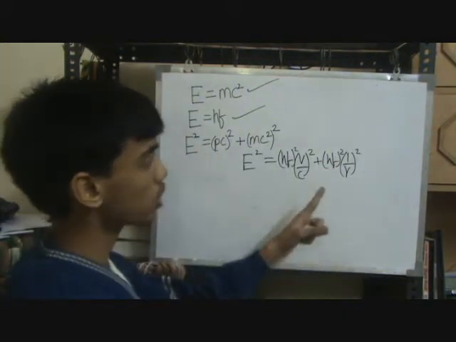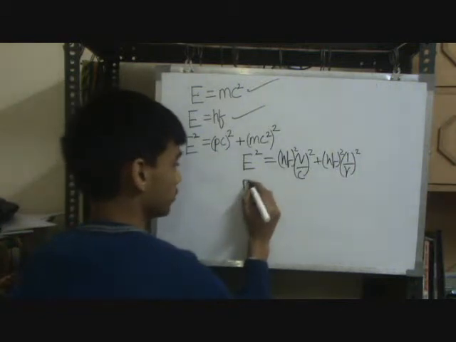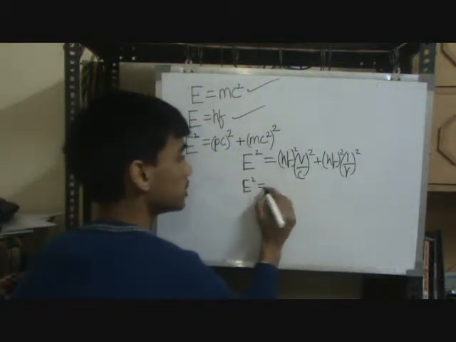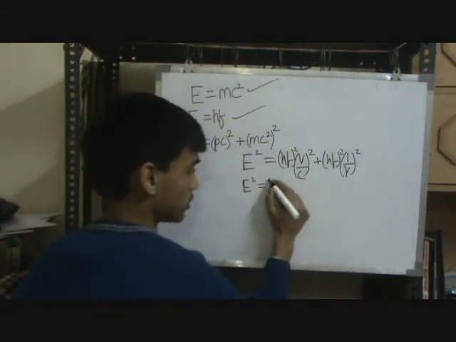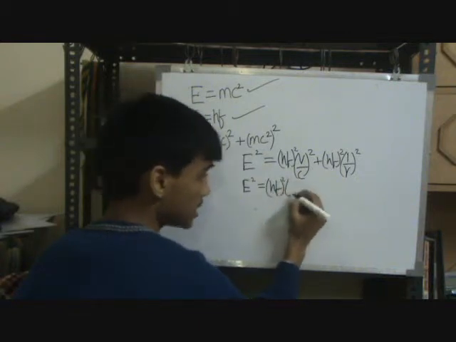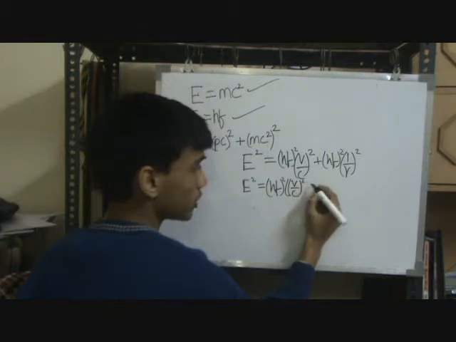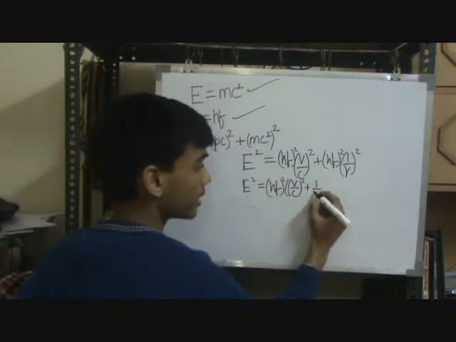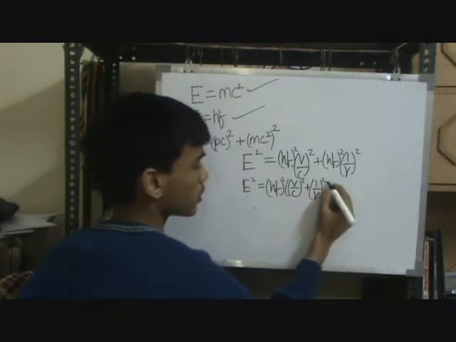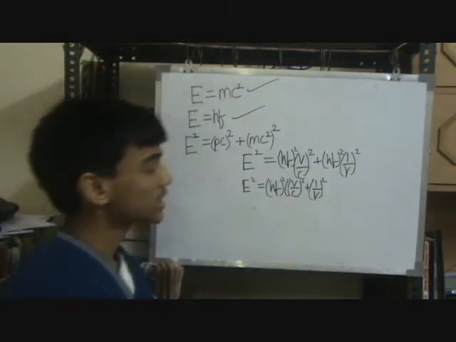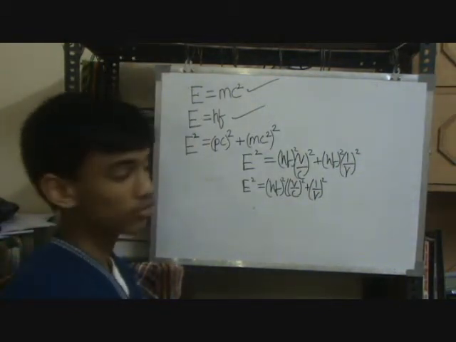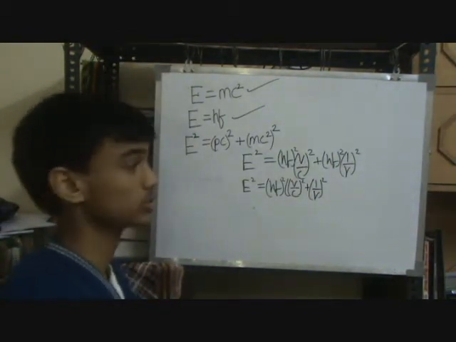Here (hf) square is common in both. Therefore, E square is equal to (hf) square into [(v by c) whole square plus (1 by Lorentz factor) square]. Lorentz factor is equal to 1 by root over 1 minus v square by c square.